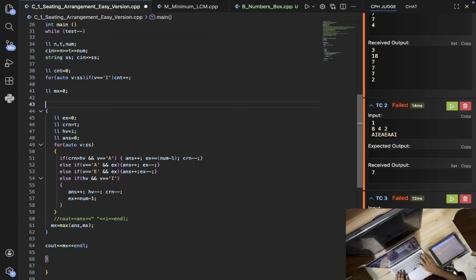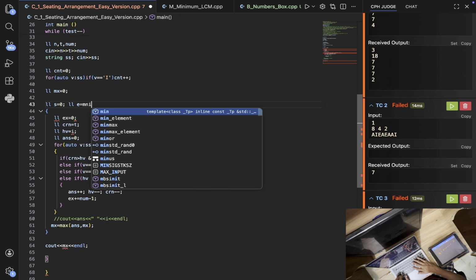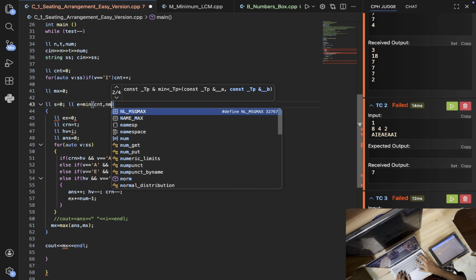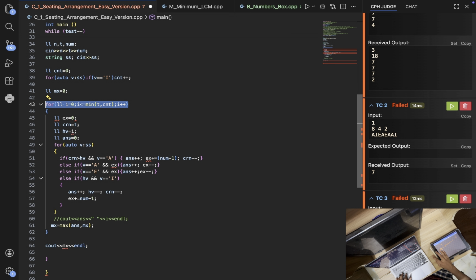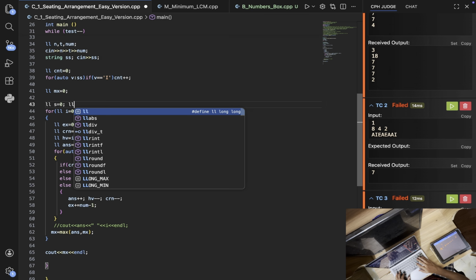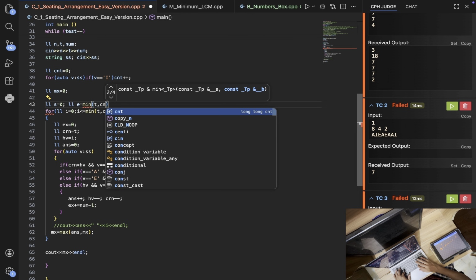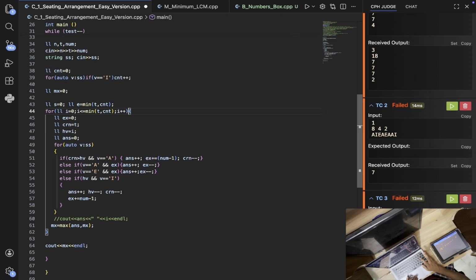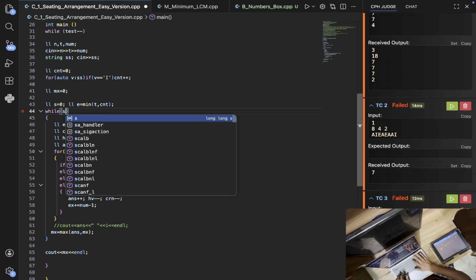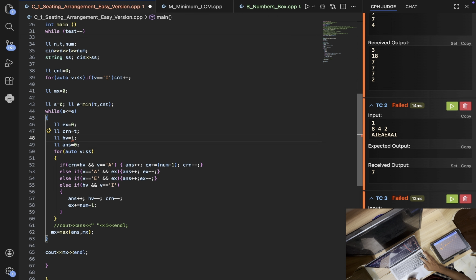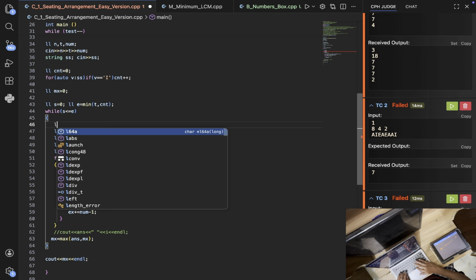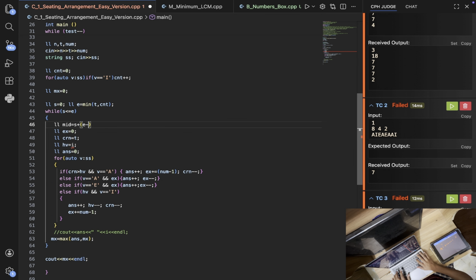Let's give a try actually. Most probably we're gonna get a wow, but who knows? Let's give it a try.